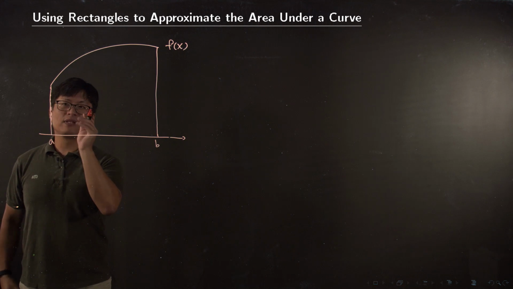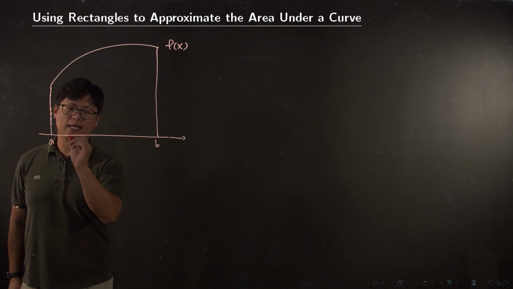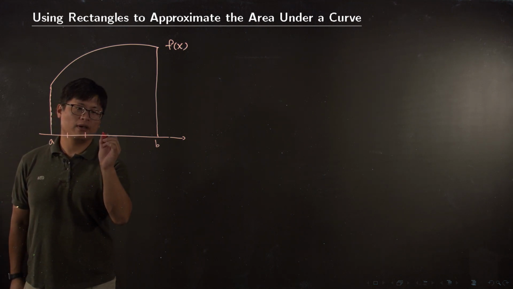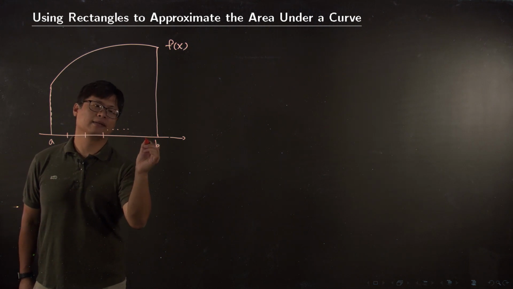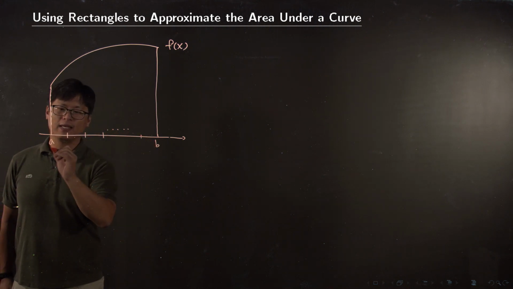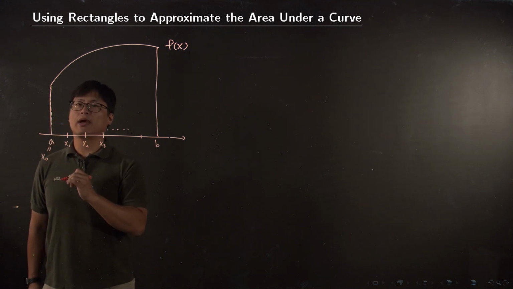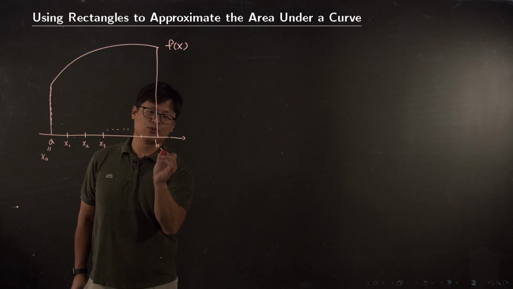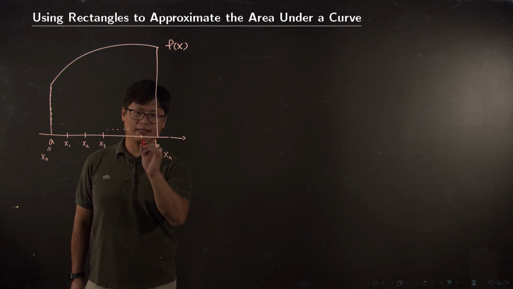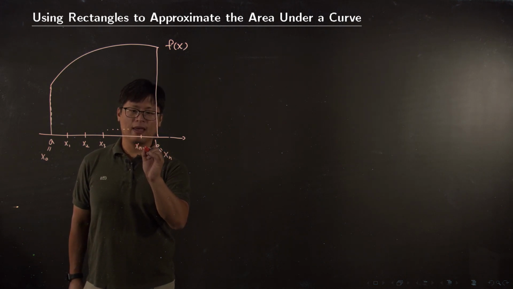First of all, you need a base for each rectangle. So let's say we cut it this way. Let's say this point is x0, then this one is x1, x2, x3, just numbering, and so on, and the very last one is xn. Then the previous one is xn minus 1.